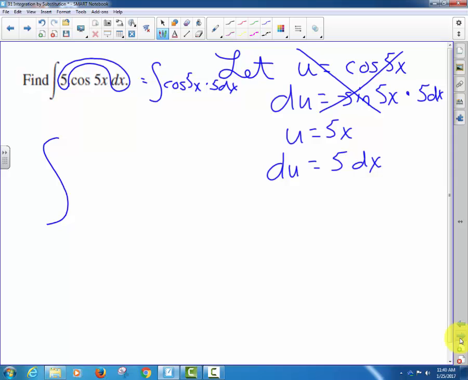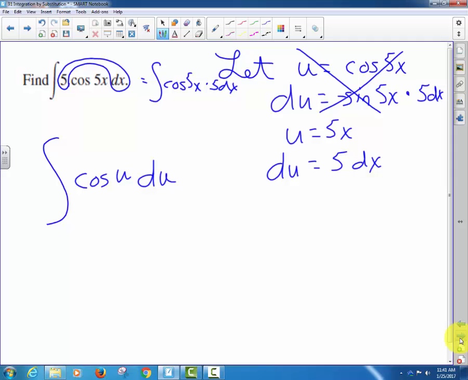So what can we replace 5 dx with? Du. Then, do we have anything we can put in place of 5x? Yes, we can just make it the integral of cosine u. Now that looks like something we can find an antiderivative for, doesn't it?